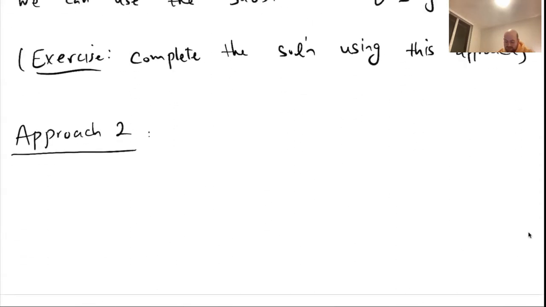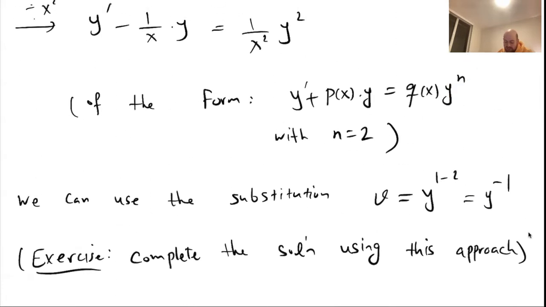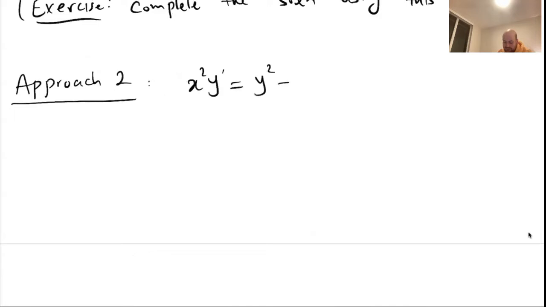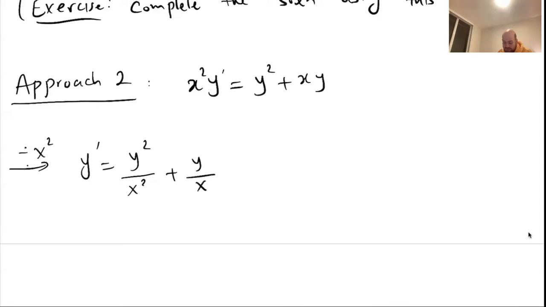Let's write the equation one more time. x squared y prime equals y squared plus xy. Now again, if I divide both sides by x squared, then I'll have y prime equals y squared over x squared plus y over x, which can be written as y over x the whole squared plus y over x.